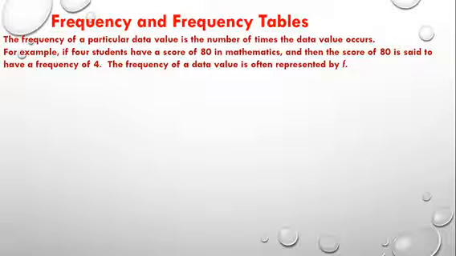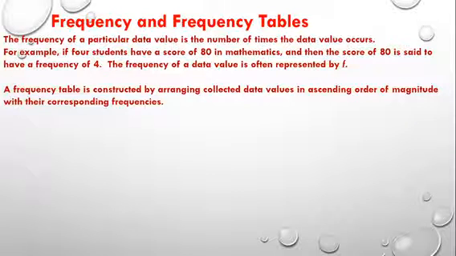Now, if you want to construct a frequency table, you need to arrange your data in ascending order of magnitude. Ascending order means from the lowest one to the highest one. Okay, so there has to be some sort of arrangement, because one of the reasons we draw frequency tables is to make our data easily readable.